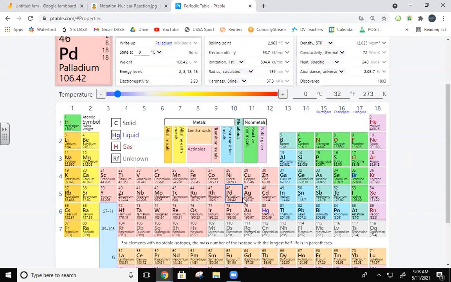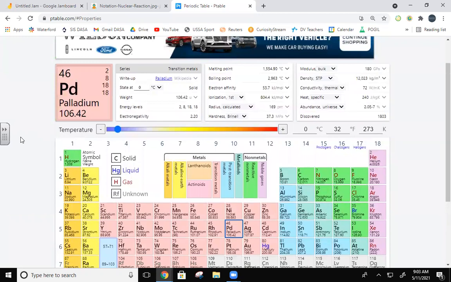First of all, palladium has the atomic number of 46, and let's say that this atom has a mass of 107. So what is going to happen to this palladium after it undergoes beta decay? A neutron becomes a proton and emits an electron.